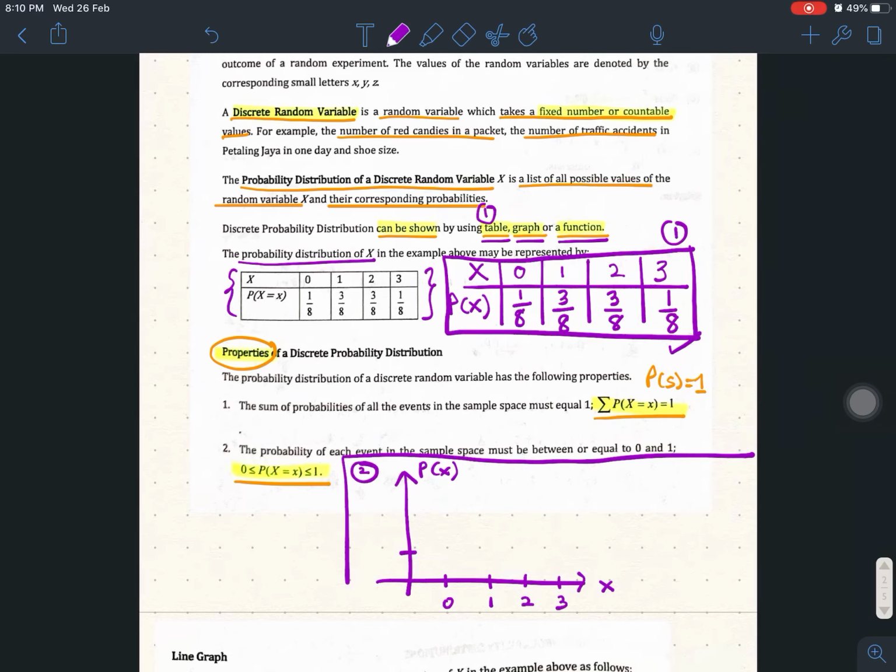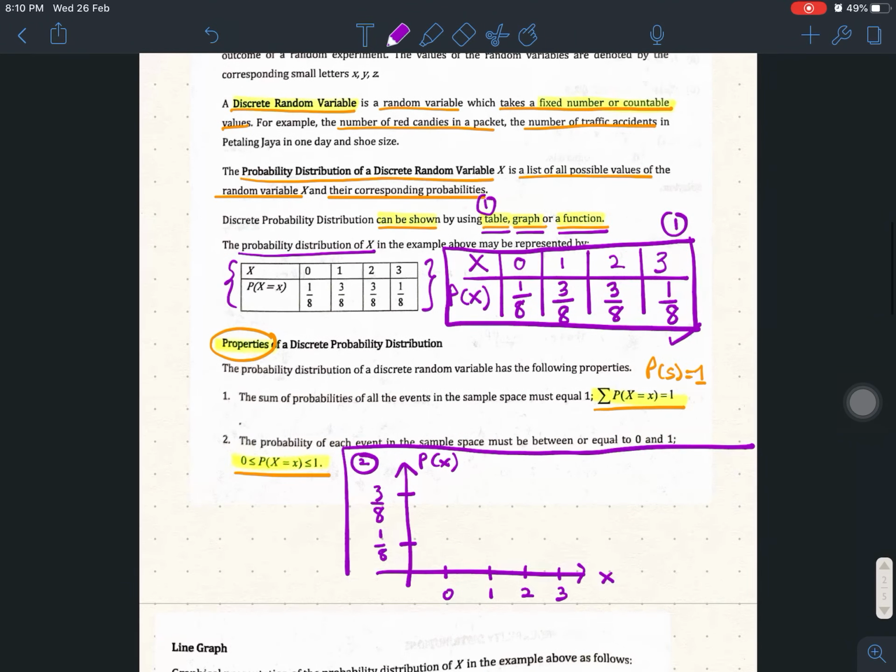Of course, 1 over 8 is much smaller than 3 over 8. At 0, the probability is 1 over 8, so you draw a line. For 1, the probability is 3 over 8, so draw a line. For 2, 3 over 8. And for 3, 1 over 8. There you have it: the discrete probability distribution in terms of a graph.